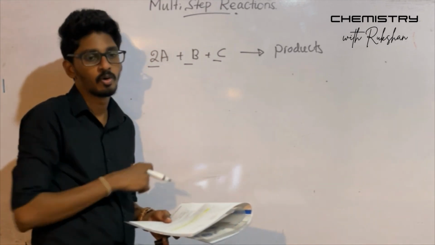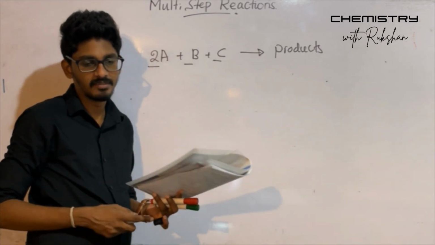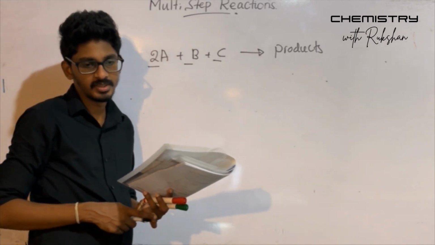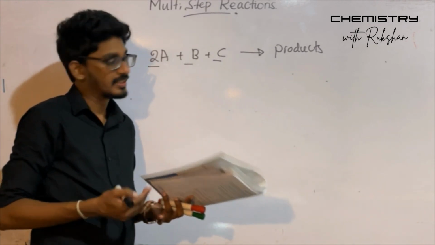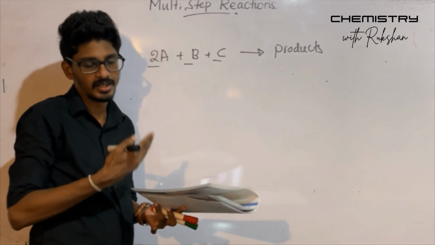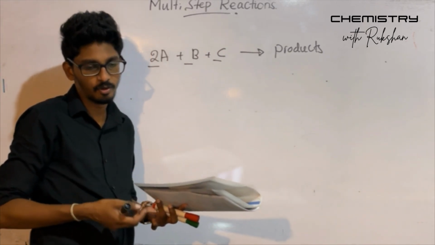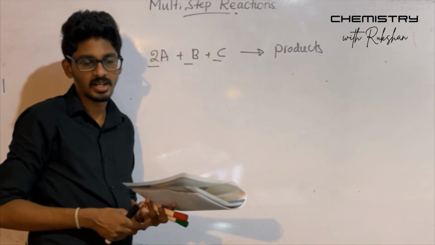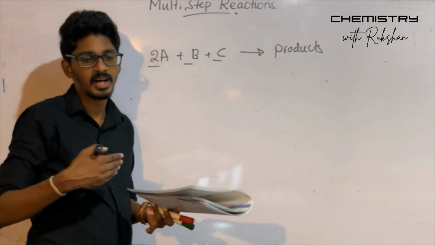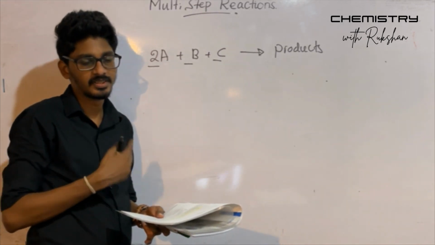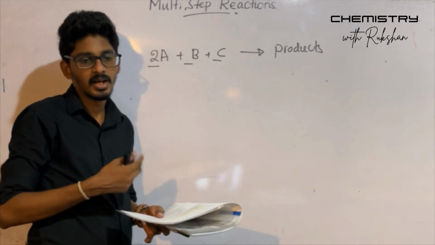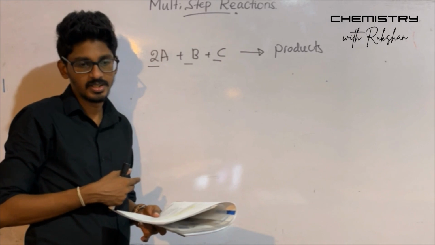The summation is 4, which is greater than 3. That means you are getting molecularity as 4 if this is elementary. That can't happen. Molecularity can't exceed 3. So this kind of a thing definitely should be a multi-step reaction.